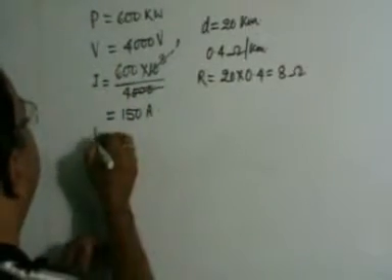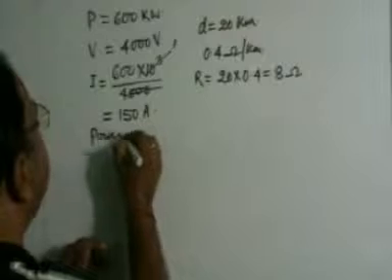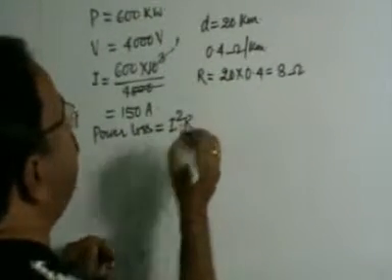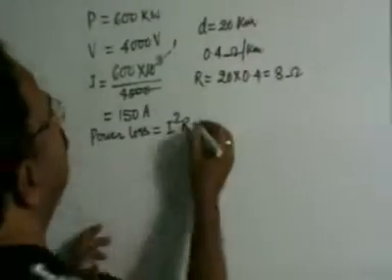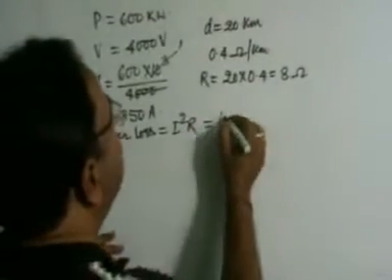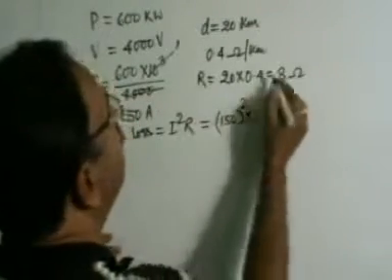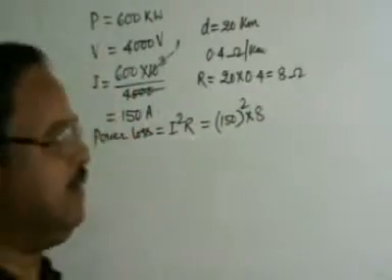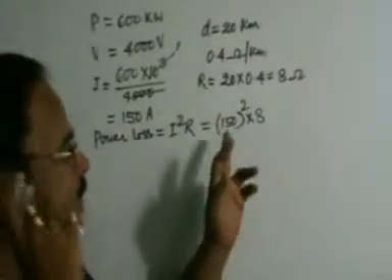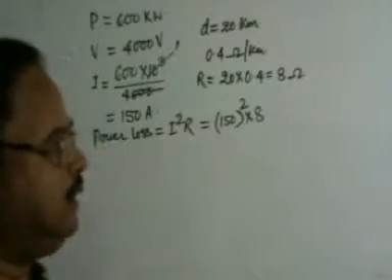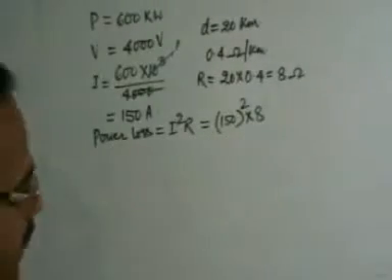So what will be the power loss? Power loss will be equal to I square R. So I is 150 ampere, which we have already calculated. So this is 150 square into R. R is already given as 20 into 0.4, so this will be equal to 8 ohm.